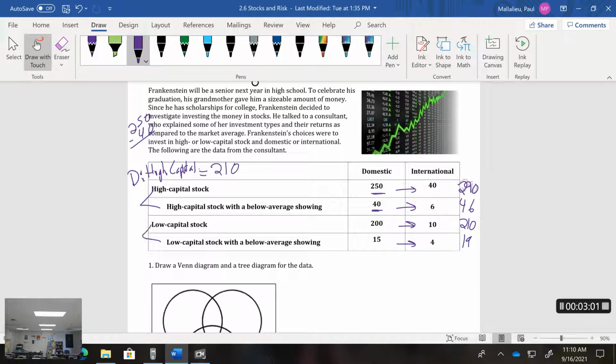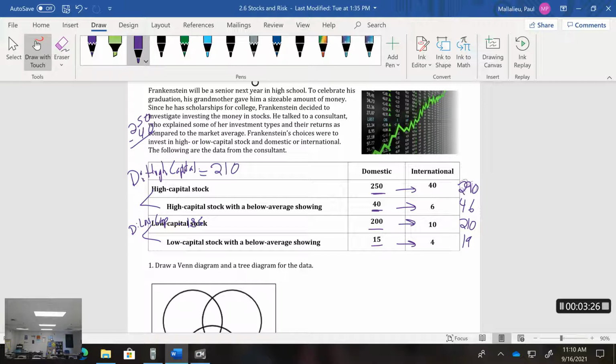Then we can do the same general concept here. We've got our low capital stock. With our low capital stock of 200, 15 of them with below average showing, that means we would have 185 domestic low cap. So all that information gives us our total.